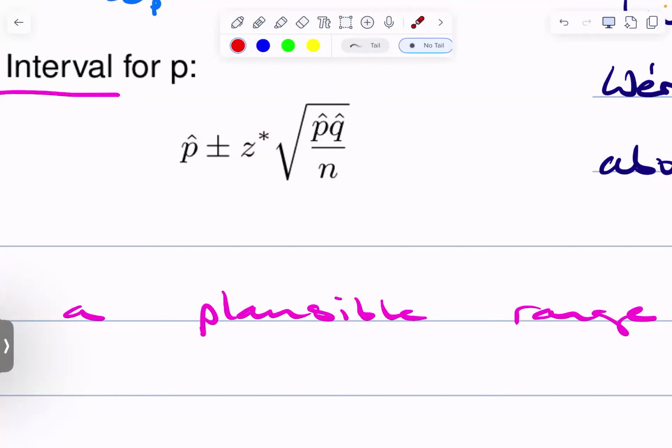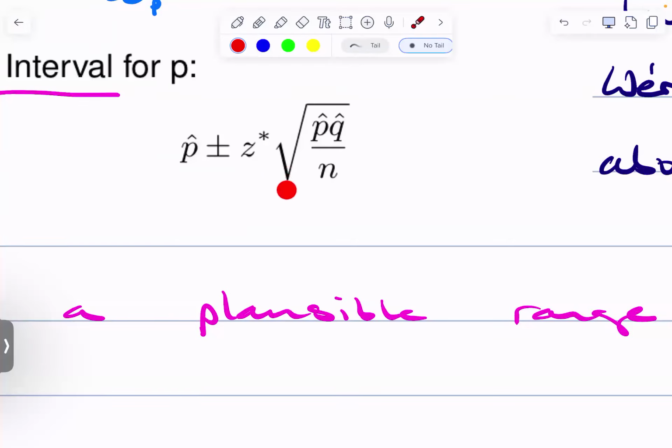In the past, we said, how about we just move out 2 standard deviations to capture the central 95% of the curve? That seems reasonable. We're going to keep it open-ended for central 95%, central 90%, 99%, so we'll be able to adjust that. That's why it's just a Z star. But we'll talk about that today.